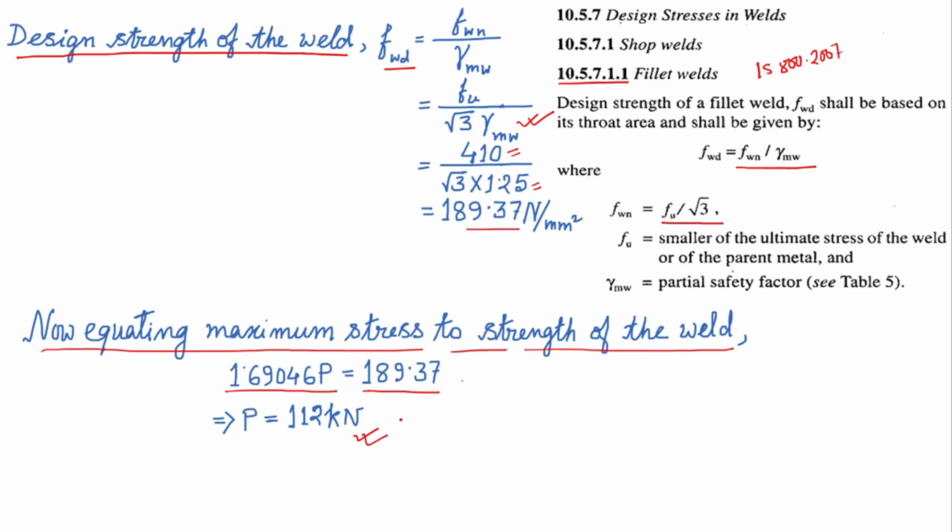So this is the external load that can be resisted by the bracket for the given size of the weld. This is how we can determine the maximum load from the given weld in a bracket connection.